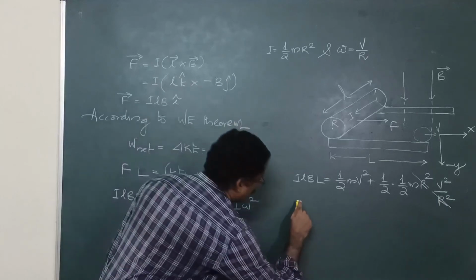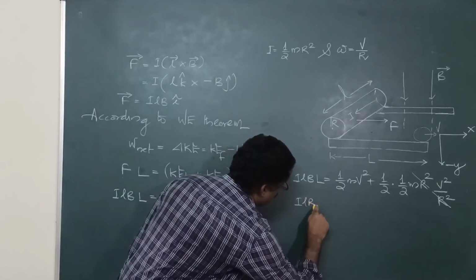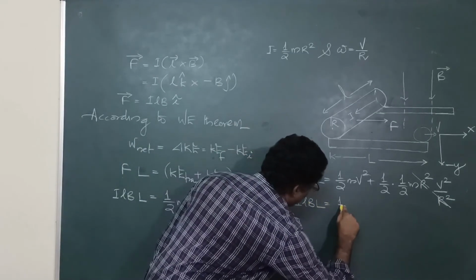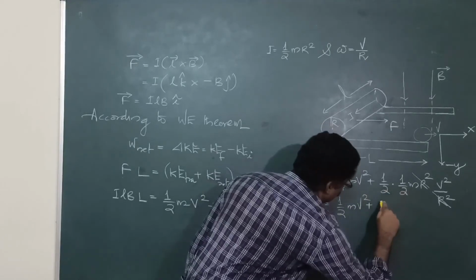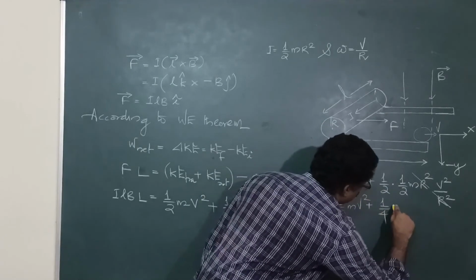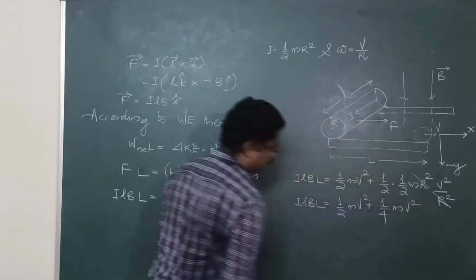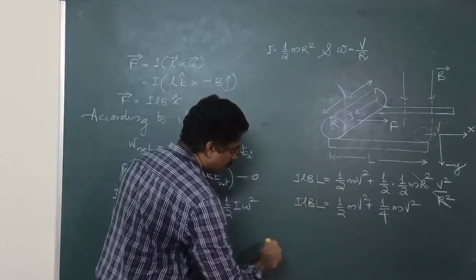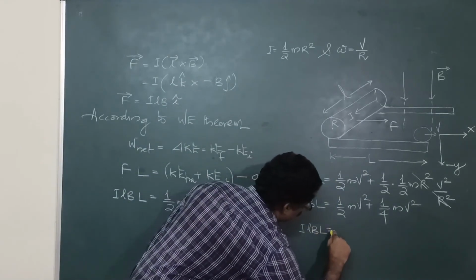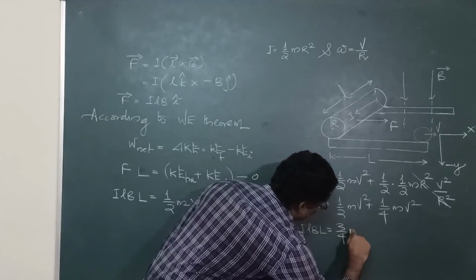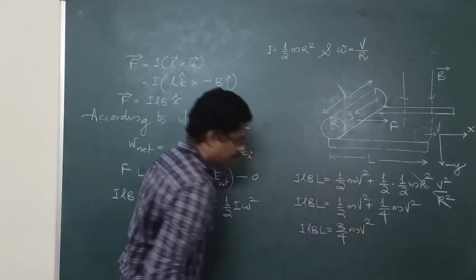The final equation is ILBL equal to half mv square plus 1 by 2 into 1 by 2, which is 1 by 4 mv square. On adding those two, we get ILB into L is equal to 3 by 4 mv square.